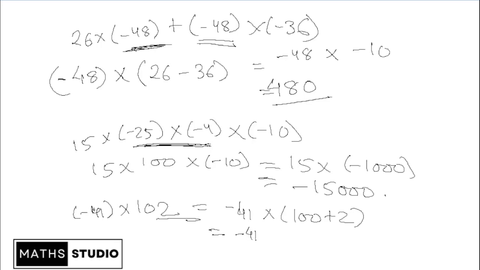Minus 41 into 100, then plus minus 41 into 2, that is minus 82. Okay, so overall result would be minus 4182.